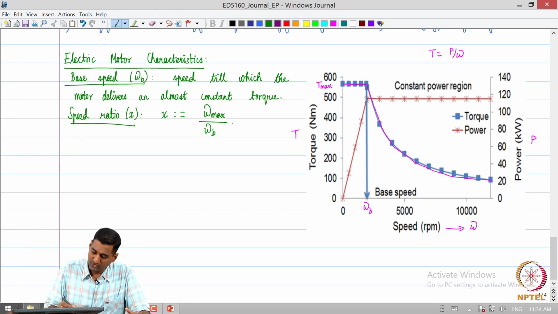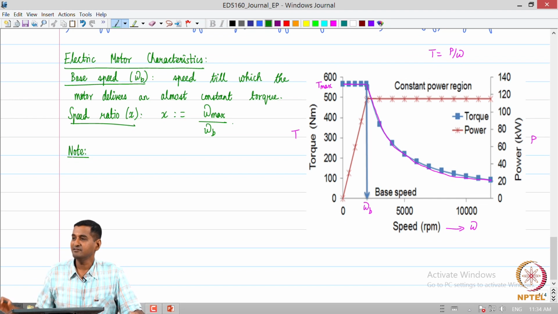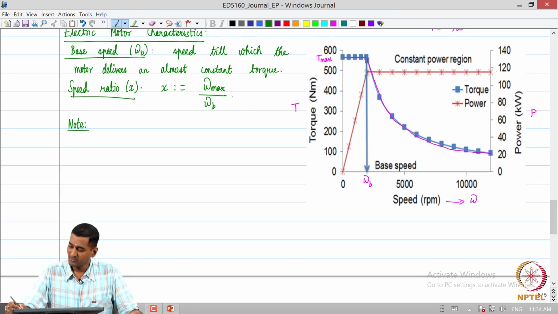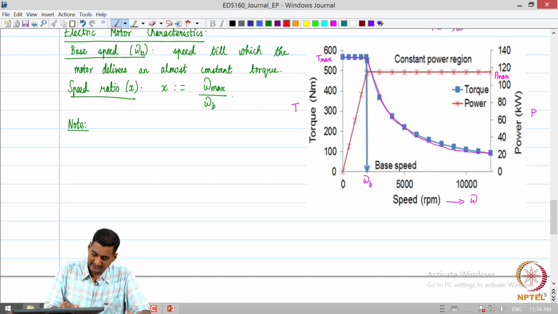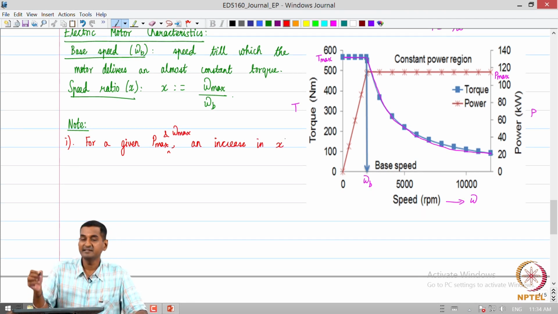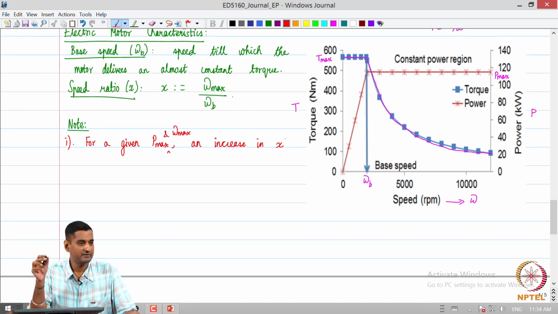A few points to note as far as the motor characteristics are concerned. Let us say we consider a fixed power rating, so P max is given to us. Consequently, we can immediately observe that for a given P max and omega max, an increase in x means, if omega max is fixed, omega b will reduce.